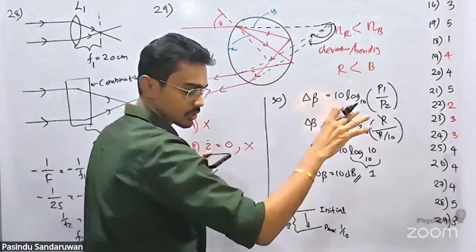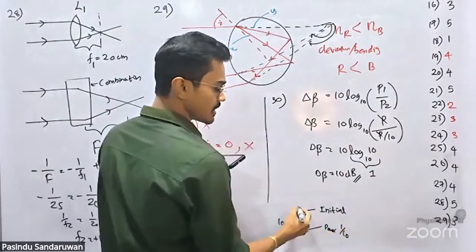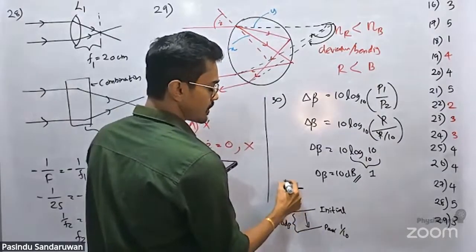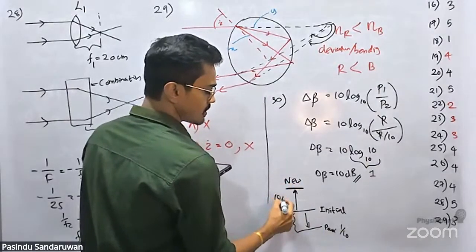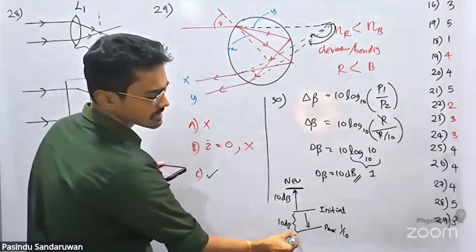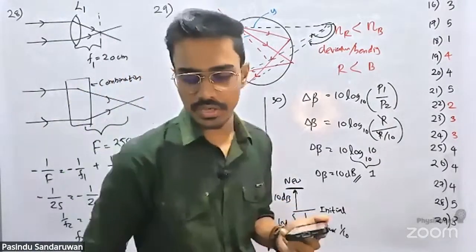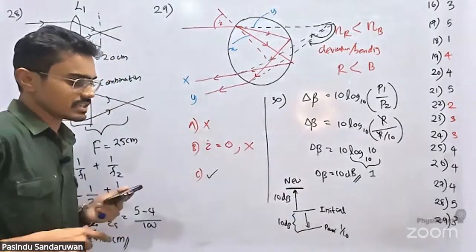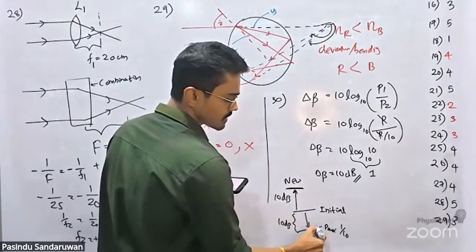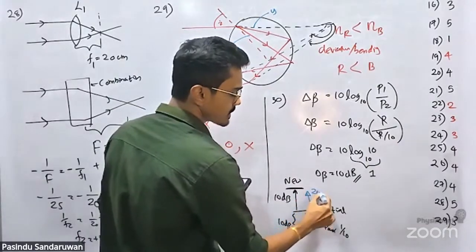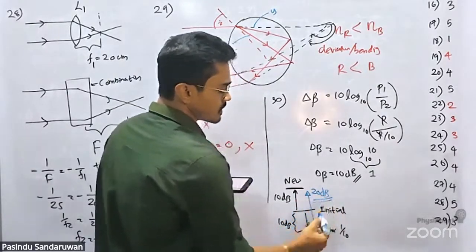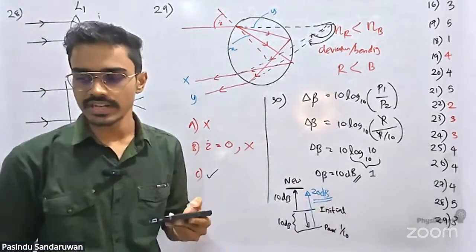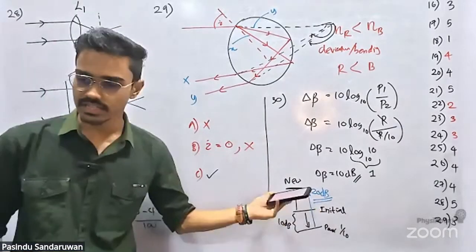This is what is tricky here. From this level, now we are here with this power, 20 decibels has to be increased. 10 increase, 20.